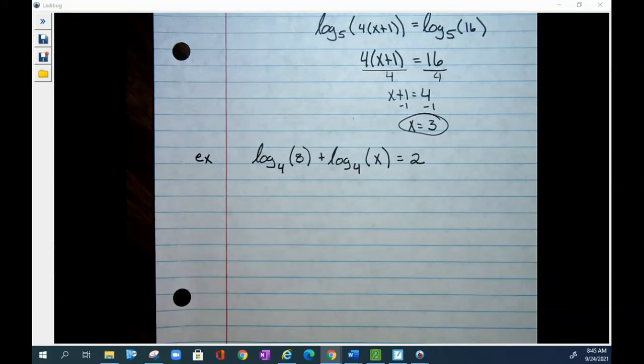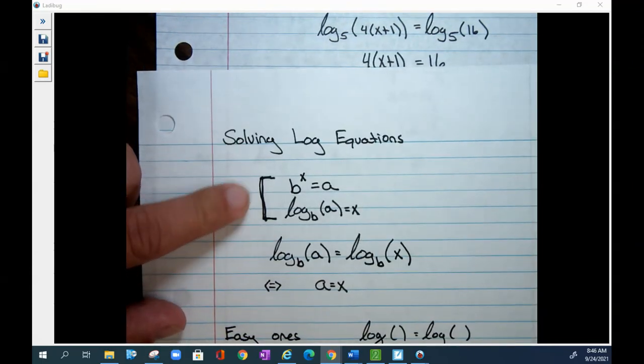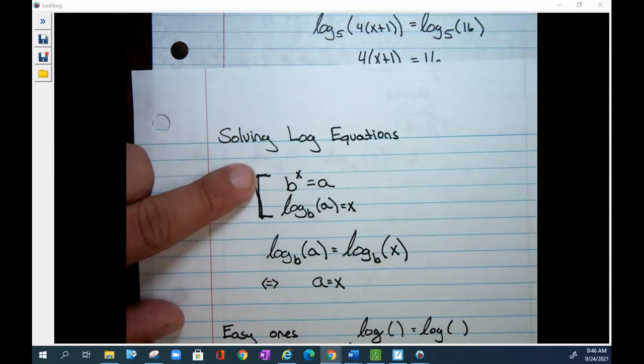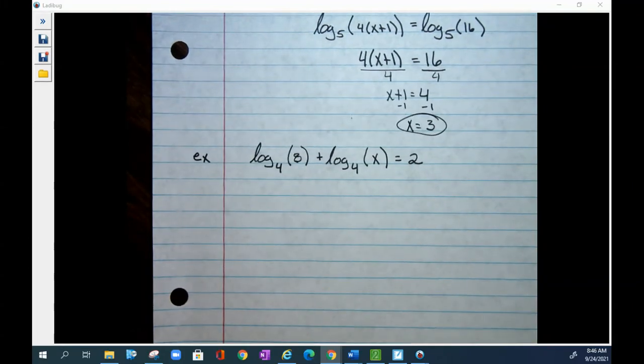So when I see an equation like this, I know I'm going to have to come back and deal with this thing, where I'm going to be rewriting a log into an exponential. So what that's going to look like is this. First of all, I notice I have this plus out here.